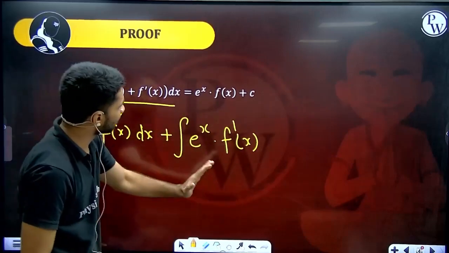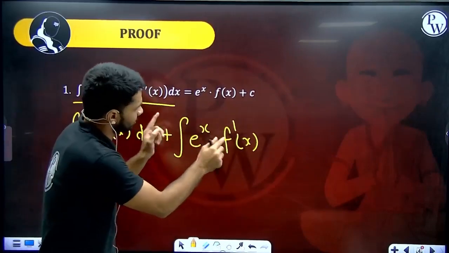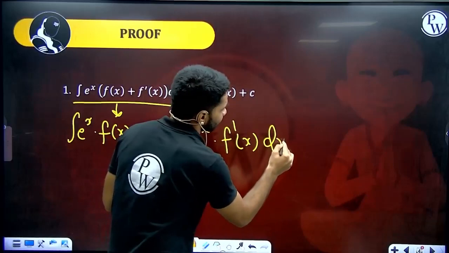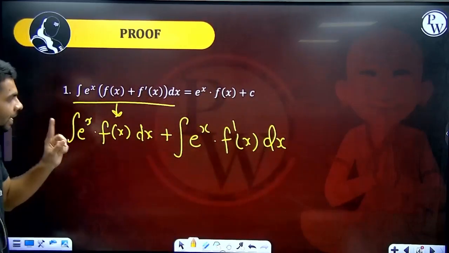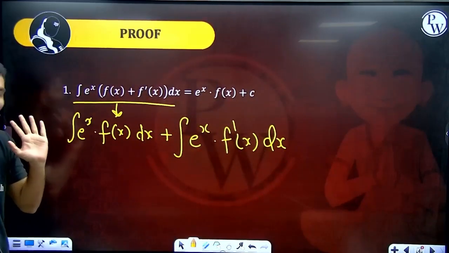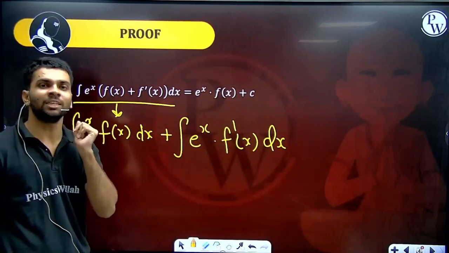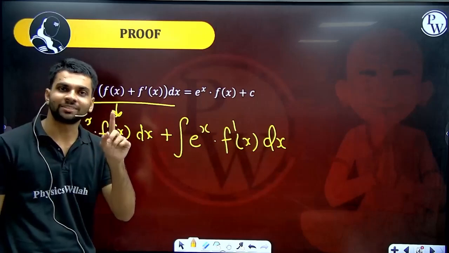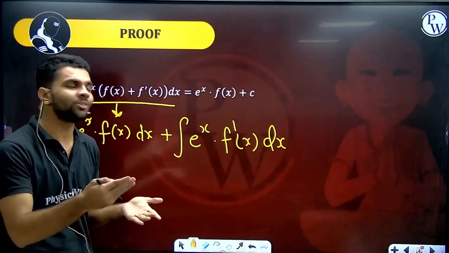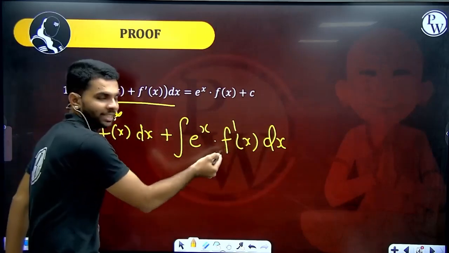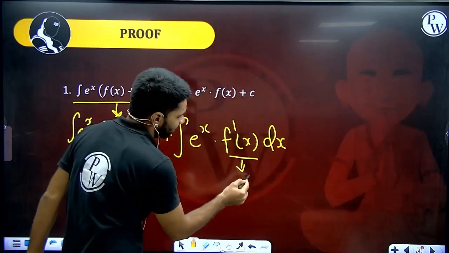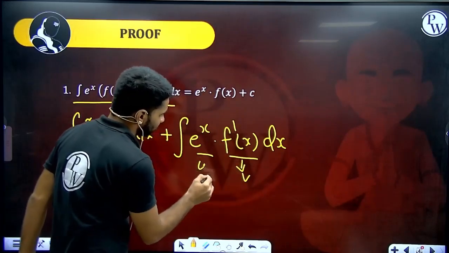Now all the operation we have to do, we will do on this. All integration we will do on this and using integration by parts. Okay. Now which function you will choose as u, which function you will choose as v? V is chosen in such a way that it is easier to integrate. Obviously easier to integrate. So this will be v, this will be u.